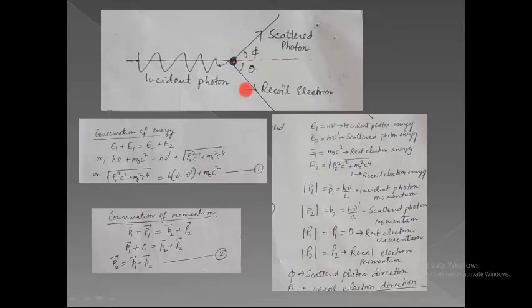Now this part is very, very, very important. All the small e is for photon. E stands for energy. Sometimes in physics we say this e as epsilon. All the small p's denote the photon, which is momentum.